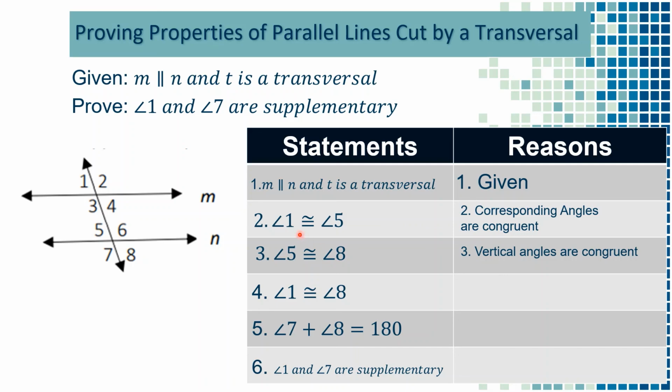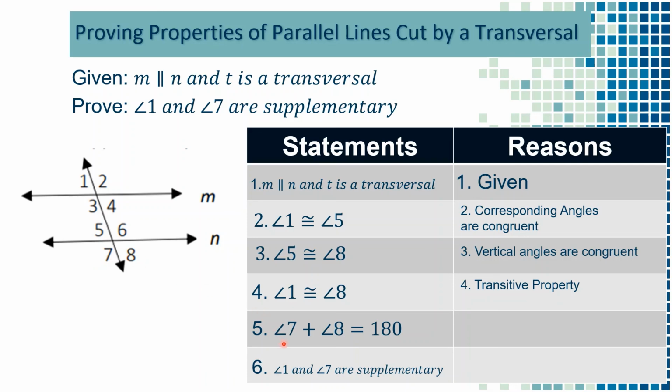Now, since angle 1 and angle 5 are congruent, angle 5 and angle 8 are congruent, we can now say that angle 1 is congruent to angle 8 by transitive property. Now, what can you say about angle 7 and angle 8? So they are supplementary, correct? Because angle 7 and angle 8 form a linear pair.